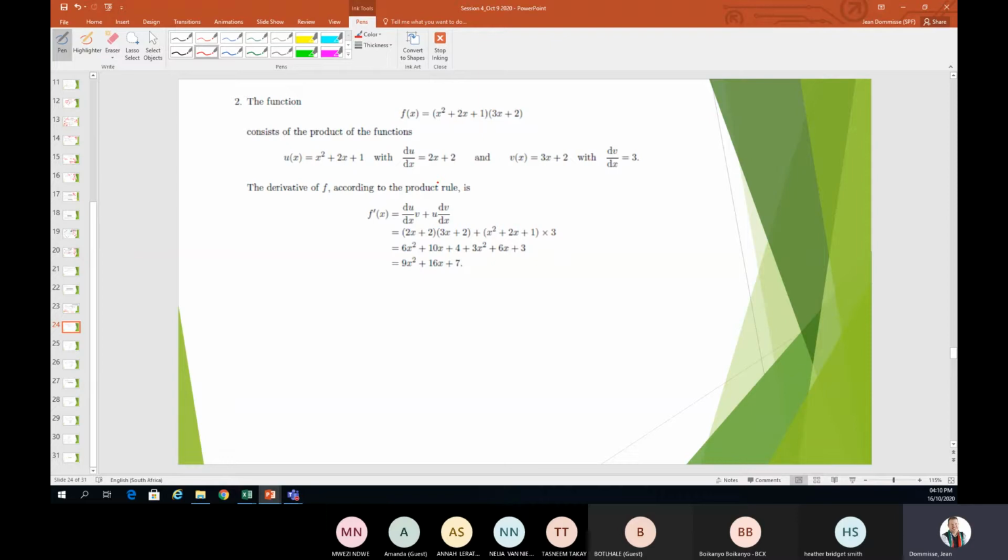You take the first term as is, and multiply it with the differentiation of the second term.